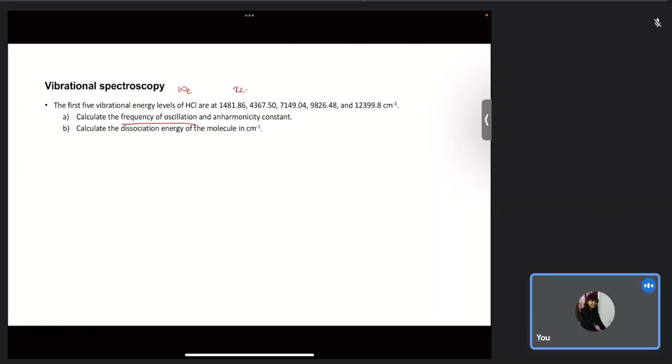So frequency of oscillation omega E, anharmonicity constant Xc. For every energy level when there is anharmonic oscillation, EV is going to be omega E (V plus 1 by 2) minus (V plus 1 by 2) the whole square omega E X.